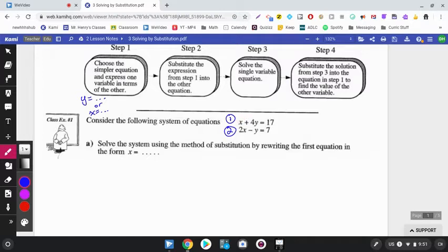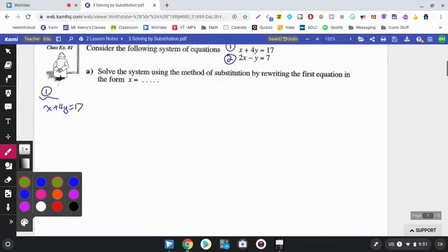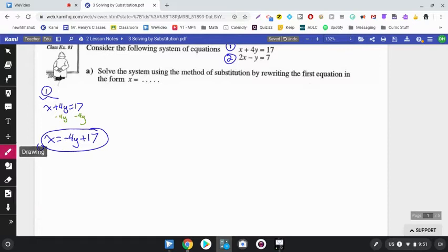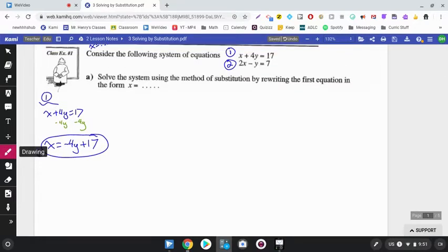Equation 1: x plus 4y equals 17. If I want x all on its own, I subtract the 4y: x equals negative 4y plus 17. That is still equation 1. It's the same equation I have up here, I just rearranged it.